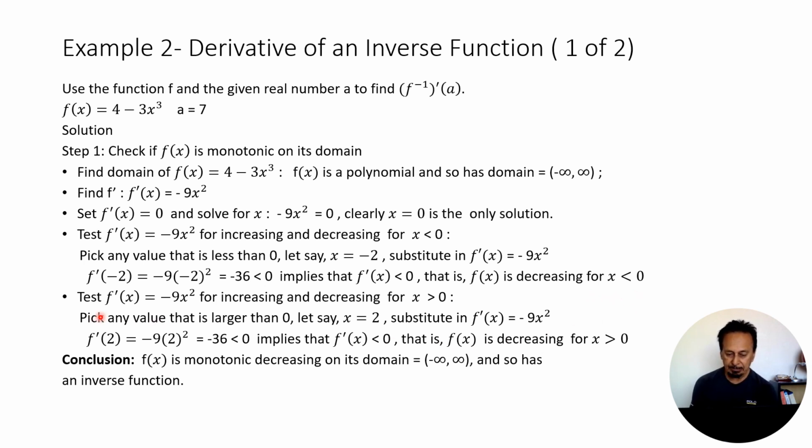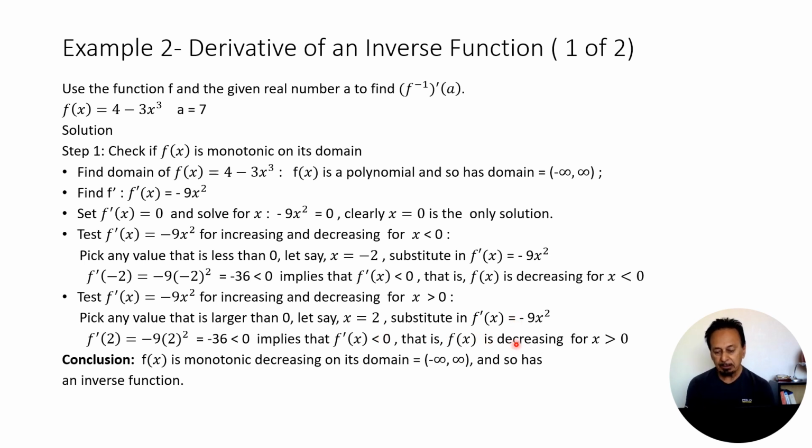Now we test f prime of x equals negative 9x squared for increasing and decreasing for values x bigger than 0. So pick any x value that is larger than 0. Let's pick x equal to 2 and substitute in the first derivative.